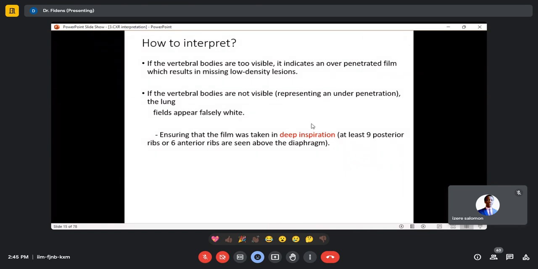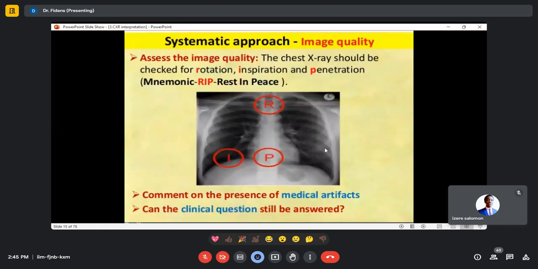And deep inspiration, you know that it is deep inspiration when you can count at least 9 posterior ribs or 6 anterior ribs above the diaphragm. That one you know. This mnemonic is called RIP, rest in peace.